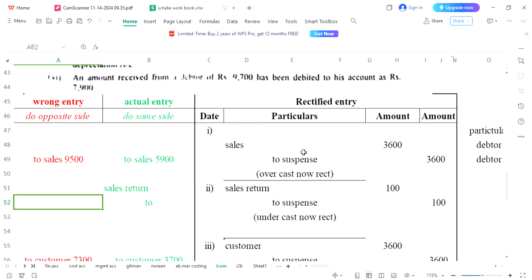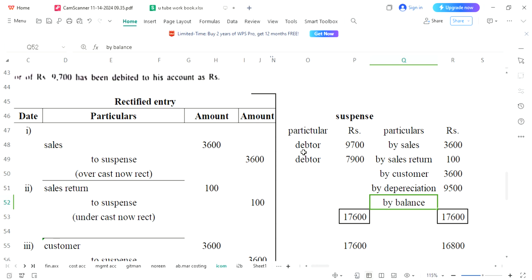So our answer in the suspense account should be equal to 800, where the debit side is more than the credit side. Let's calculate the balance. You will subtract the smaller amount from the larger amount, and guys, we have got 800. This was our required answer.